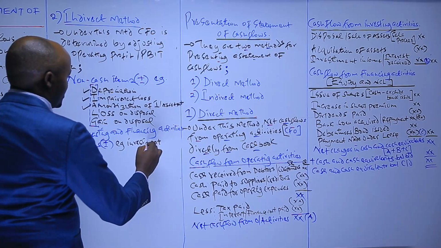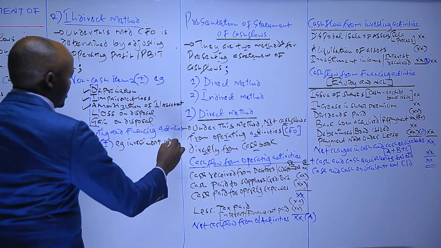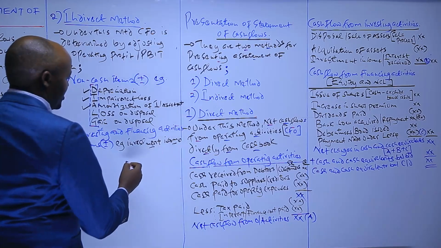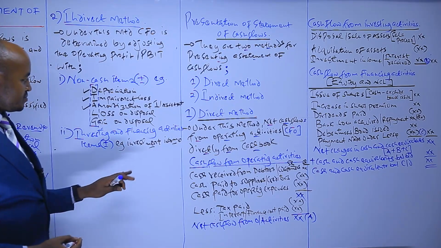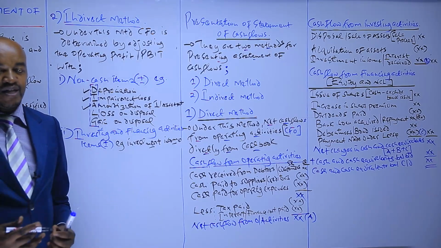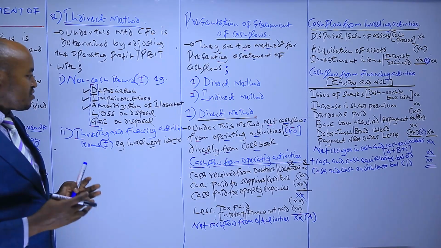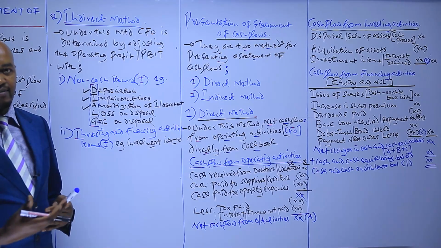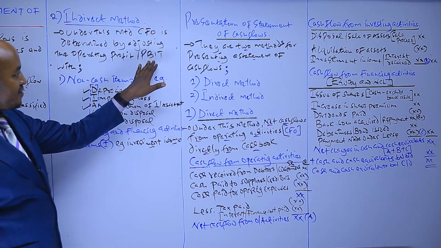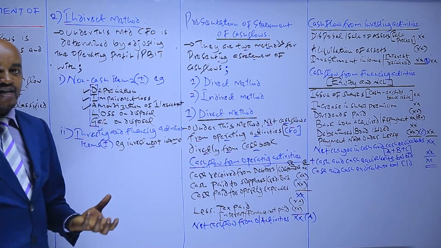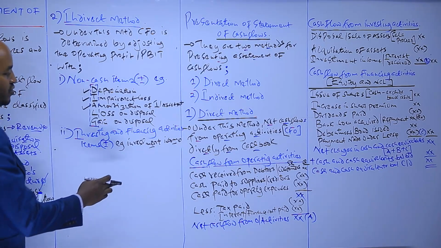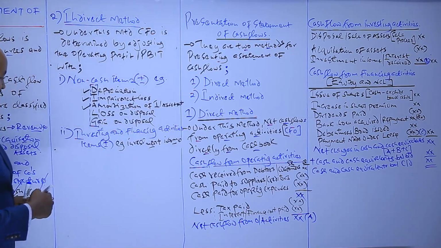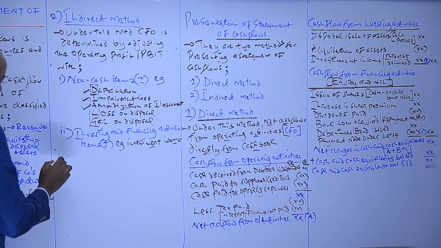Investment income is an income generated by the company from investment. And what we know is that when preparing the income statement, any investment income, we account for it as part of other income. So meaning that in arriving at this particular profit, this particular investment will have been added, and because it is not an income from operating activities, what you do, you less it from that particular profit.